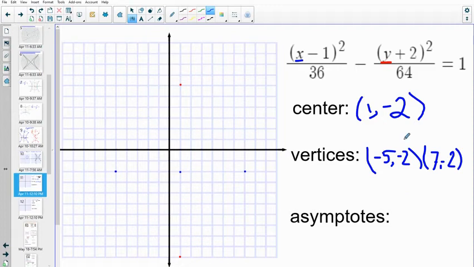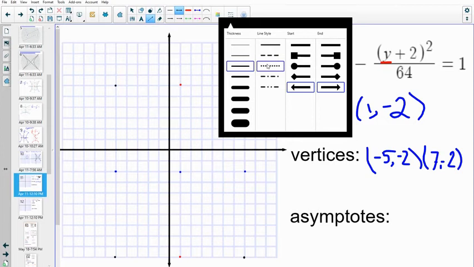My asymptotes, well, I'm going to keep going with my drawing here. So I know I'm going to the left and right by 6. I'm going up and down by 8. And so if I find the point that's going to finish off my rectangle, up 8 and over 6, down 8 and over 6. I'll use the dotted line tool.